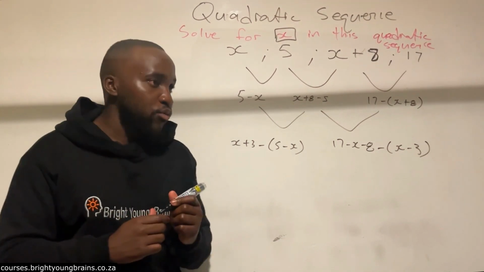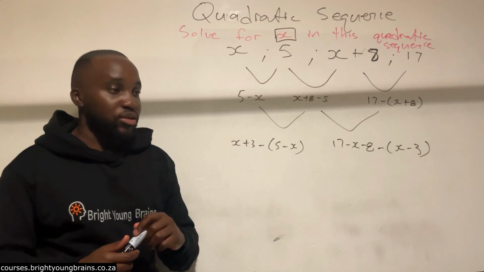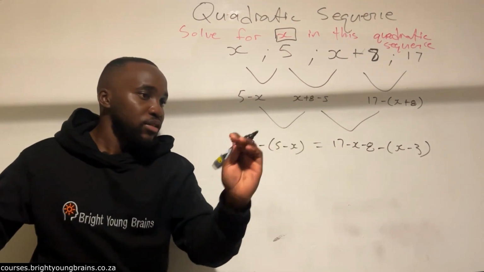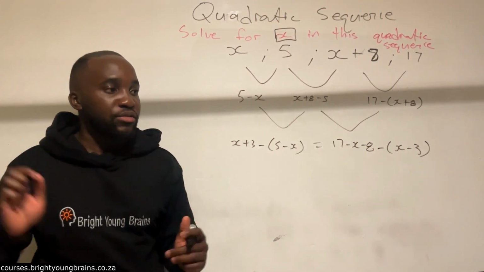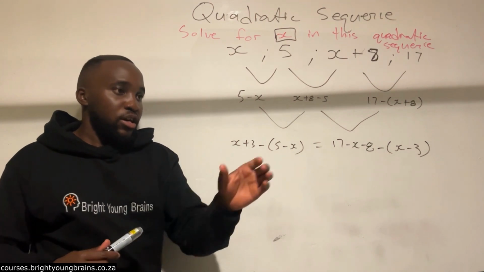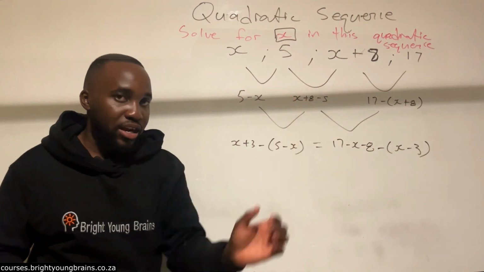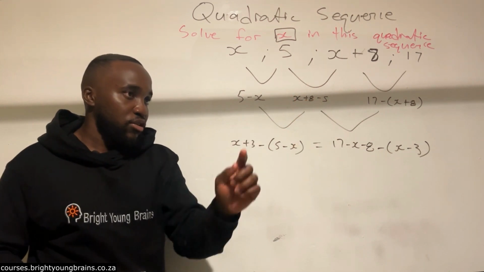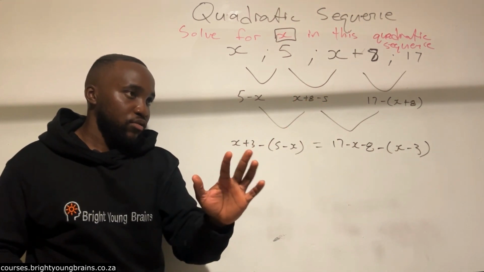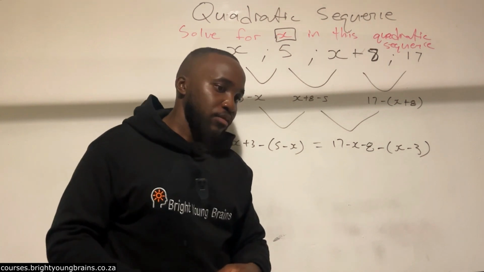So what we know is, since this is a quadratic sequence, it means that the second common difference is the same. It means that this minus this is the same as that minus that. This is just this value here. This here is over there, just simplified.